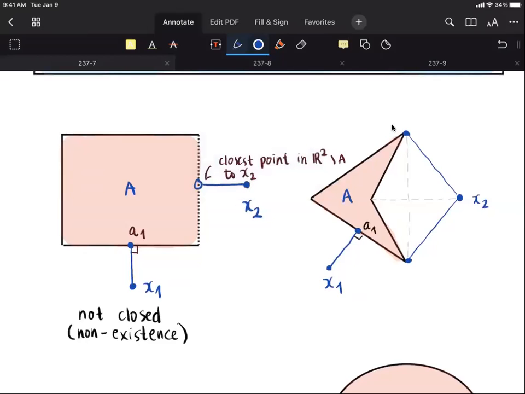So now our set is closed, but in this case, it is not convex. Since here we have two points on the set, namely the vertices of the quadrilateral on the edge, the line passing through these two points does not lie in the set A. So you have a non-convex set.